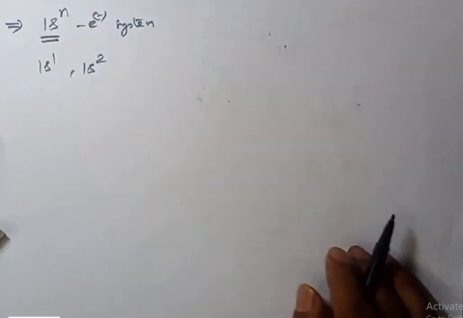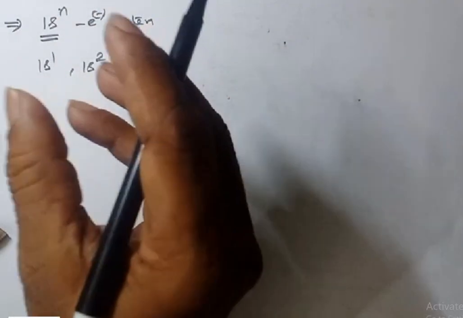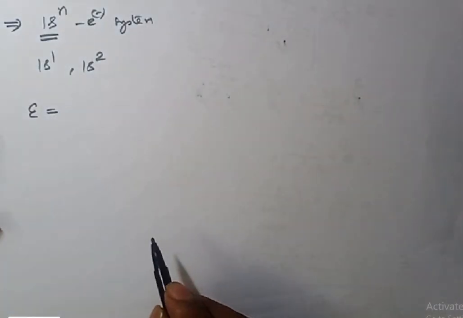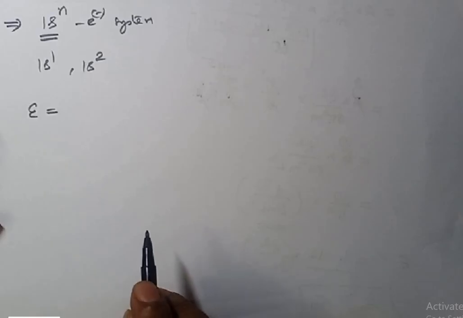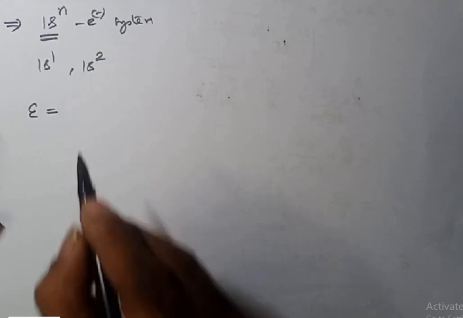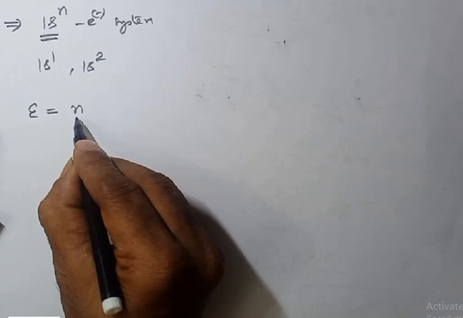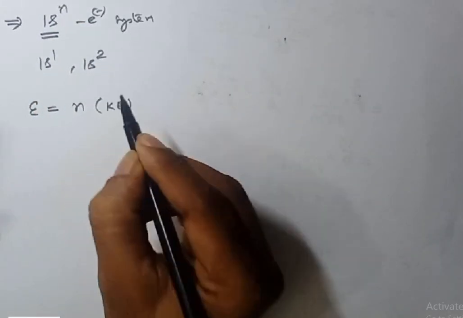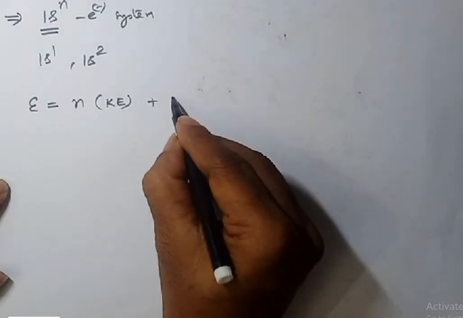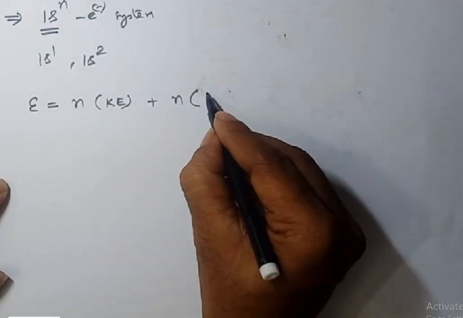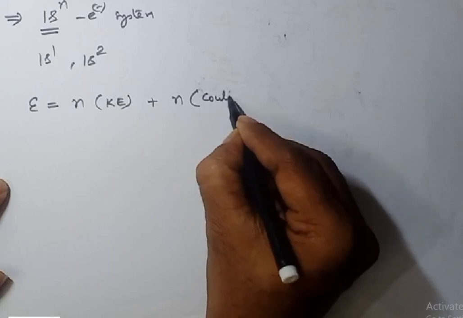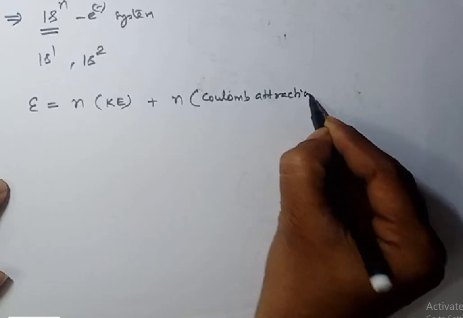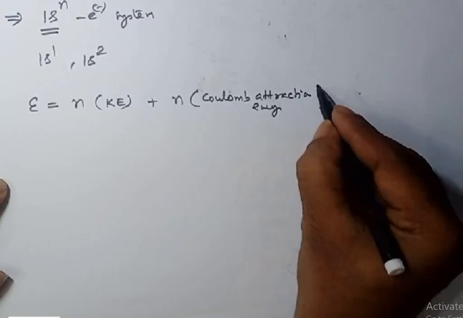Okay, how do we calculate the expectation energy directly? This is the method we follow. Expectation energy E is equal to n, the number of electrons, into kinetic energy, plus the number of electrons into Coulombic attraction energy. Just write it down, and I will tell you what all these things mean.